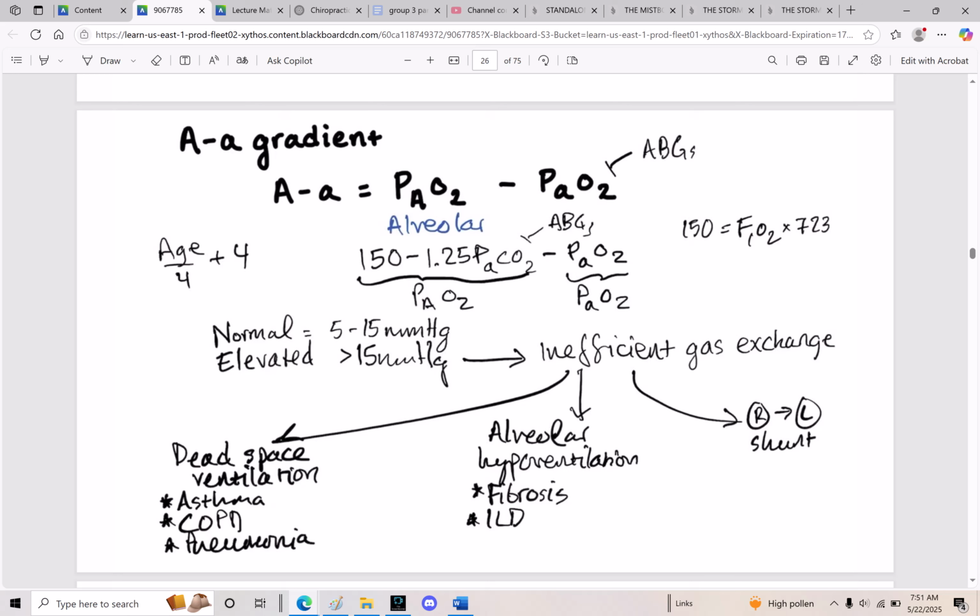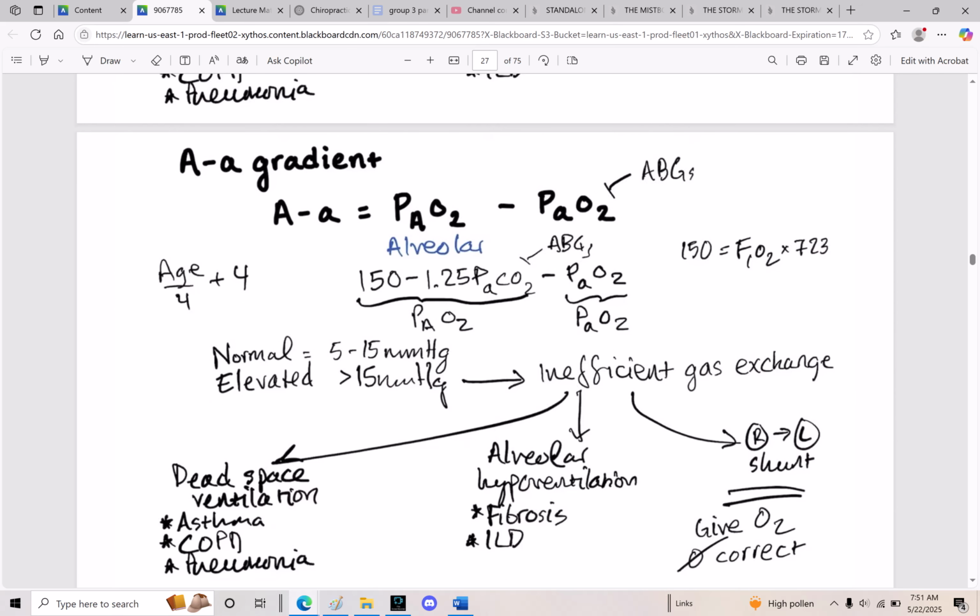Or people who suffer from asthma, because right now we're going to the diseases, asthma, or COPD, or somebody has pneumonia, because pneumonia will give you the fluid, right? Also alveolar hyperventilation, or you have fibrosis, or ILD, which stands for interstitial lung disease, right? Or if you have a shunt. But we will expand on these pathologies in a second, right?